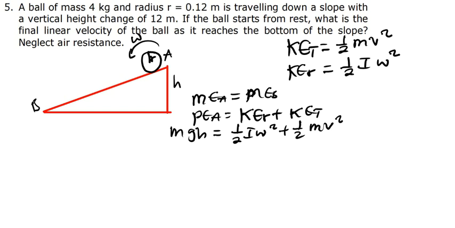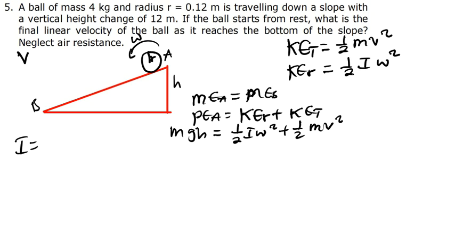The question is, if the ball starts from rest, like we have already said, what is the final linear speed? They want us to find this v. So how can I find that? Remember, I told you that we are talking about a ball. You are going to be given the formula for the inertia, either in the first part of the page or the last part of the page.